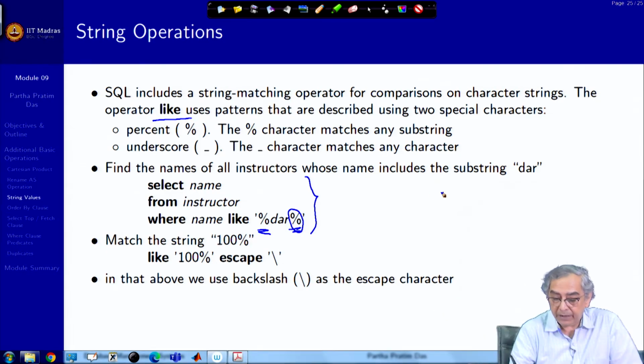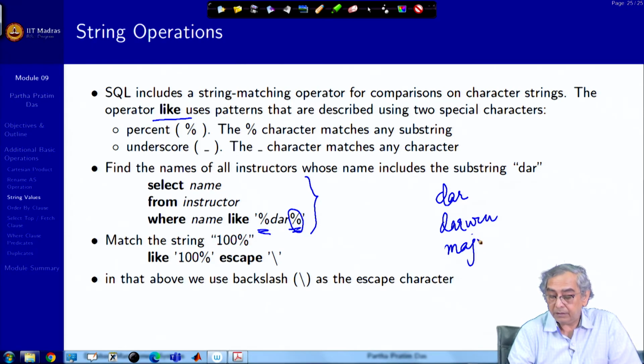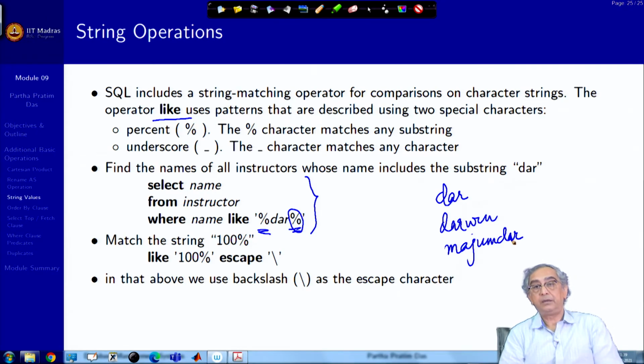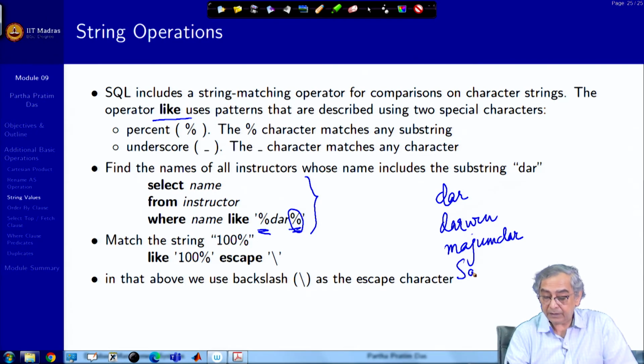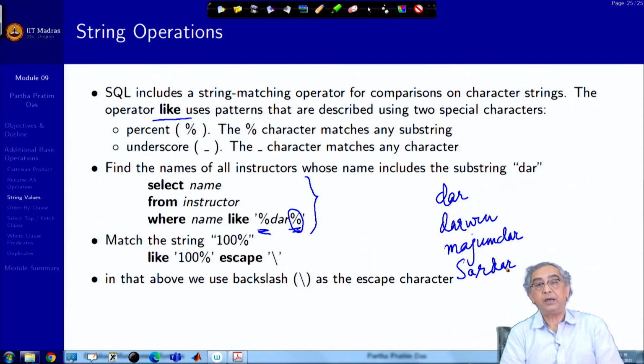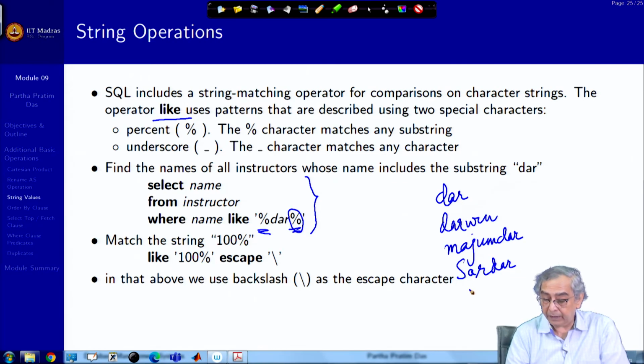So, it will match Dar, it will match Darwin, it will match Majumdar, it will match Sardar, and so on. In fact, it could be in the middle.